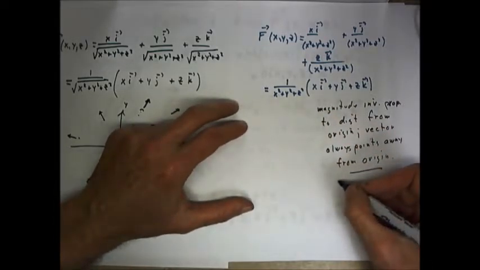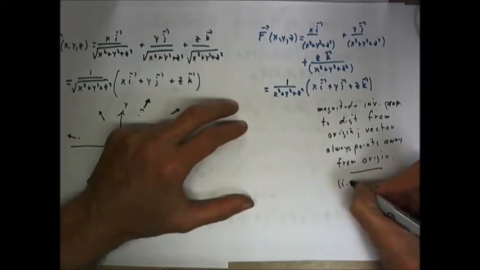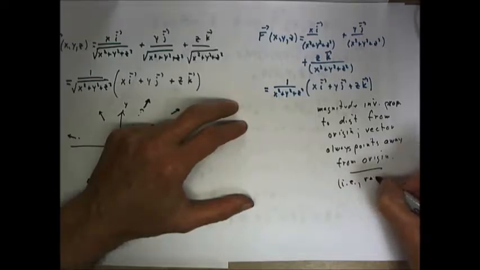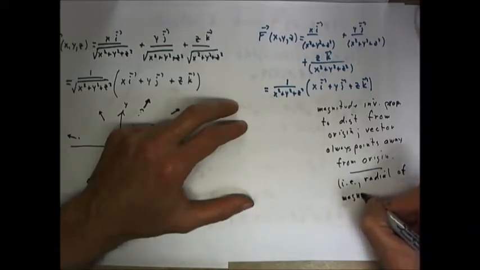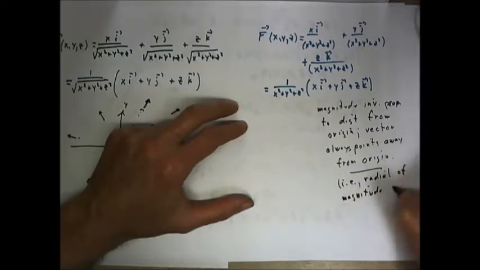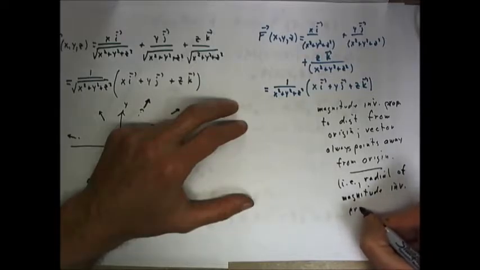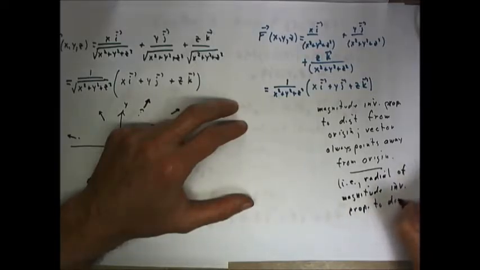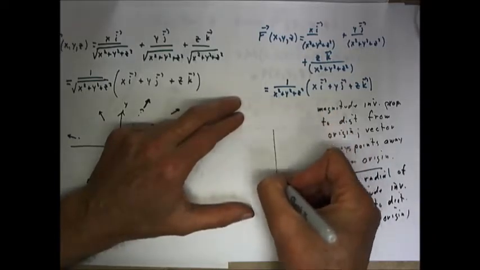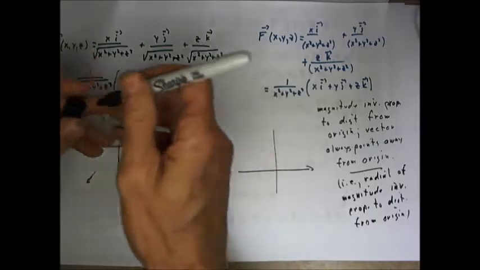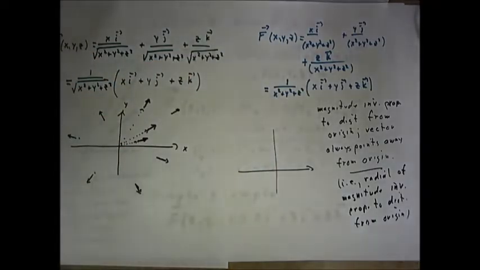So the vector field is radial and of magnitude inversely proportional to the distance from the origin.